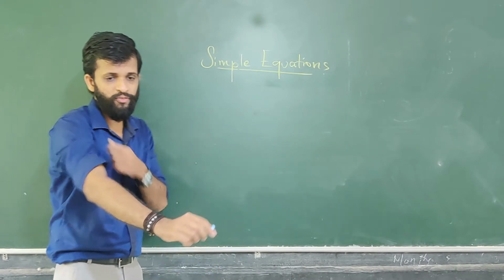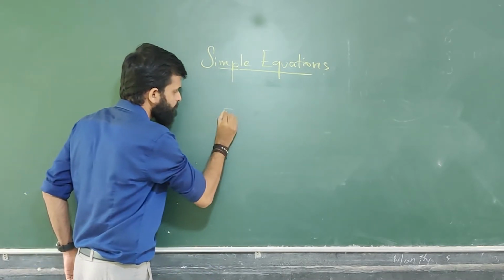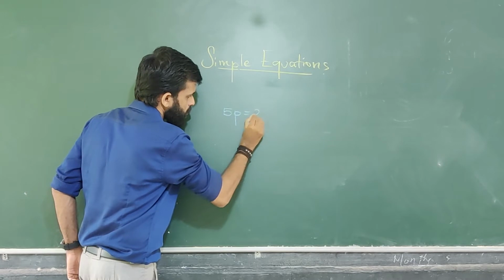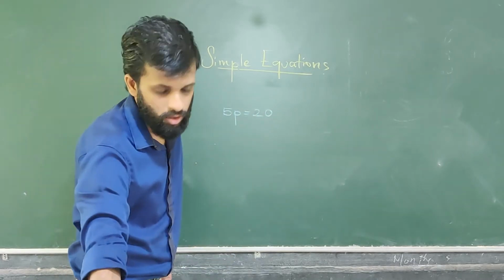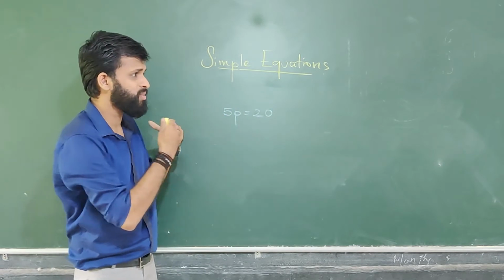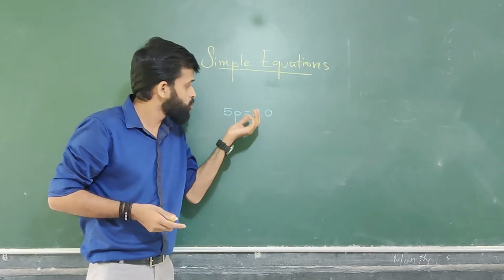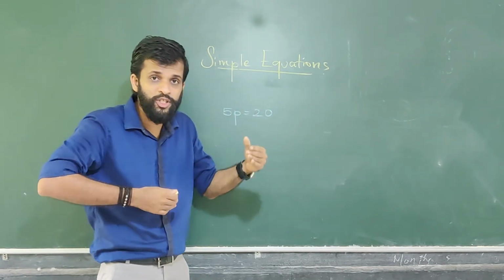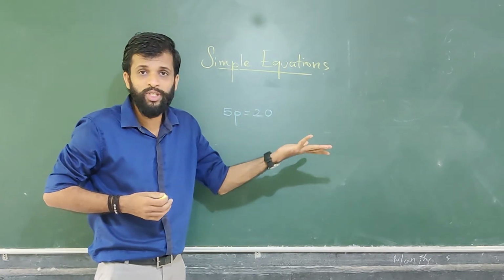Okay, next one is 5p is equal to 20. P is maybe pressure. So 5 times the pressure is equal to a value which is 20.